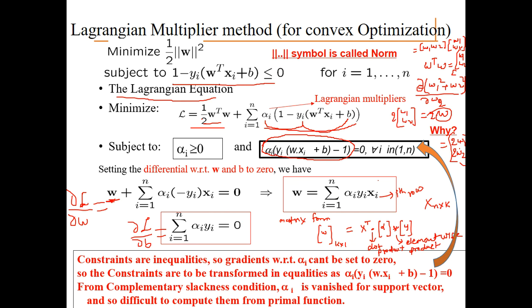Now here you can see that you have obtained many equations, and solving is still complex because you have 3 variables: n number of alphas, and W and B. So what we shall do, we shall substitute the value of W in this equation, and this also we shall substitute, and we shall try to get one simplified equation.